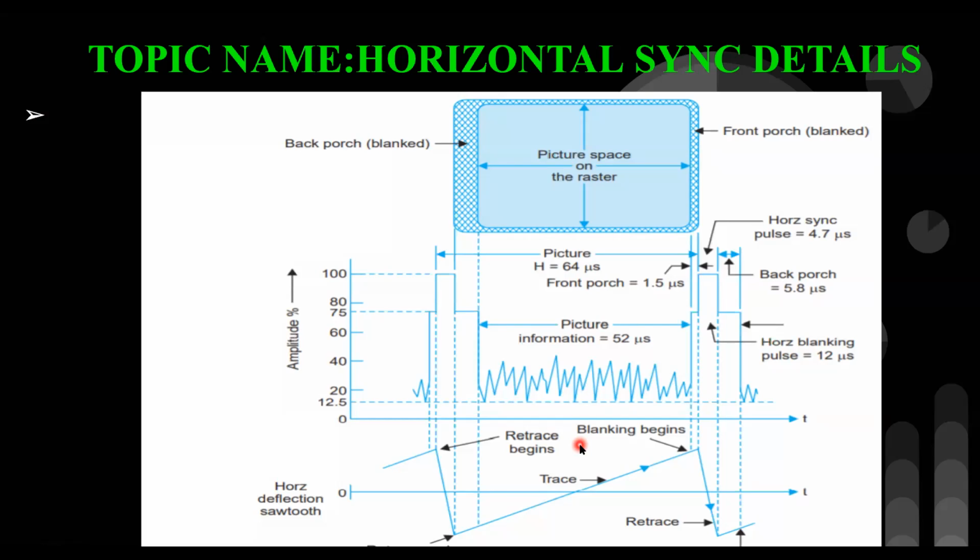So next, the line synchronization pulse. After the front porch of blanking, horizontal retrace is produced when the sync pulse starts.